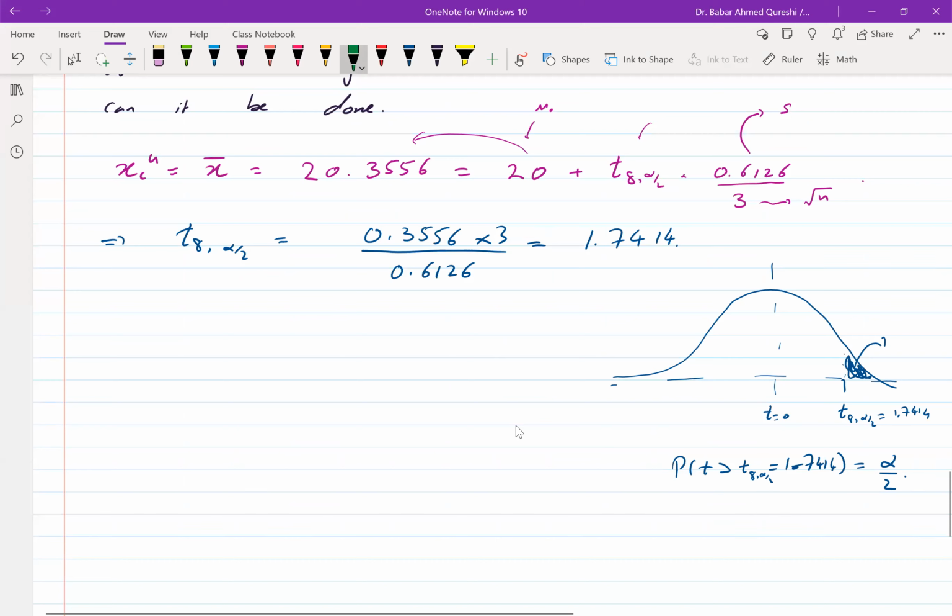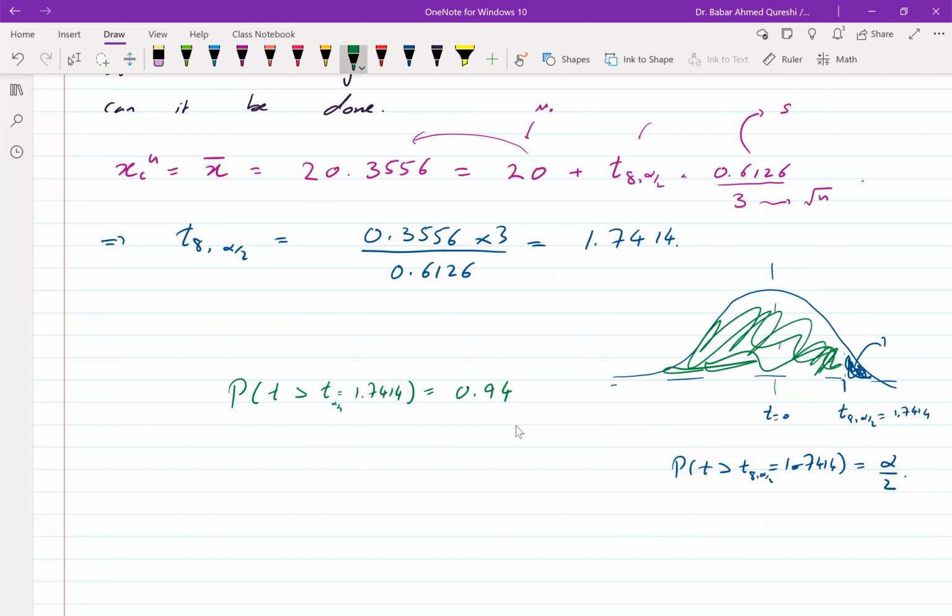So what you have computed is P(t less than this value) is 0.94. So you have computed this area because that's what the cumulative distribution gives.